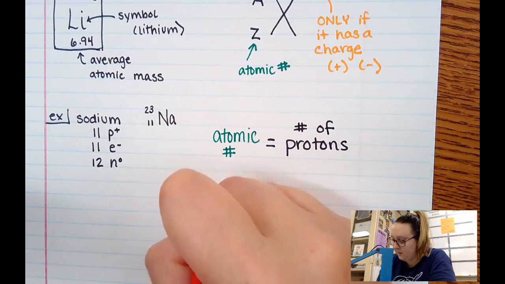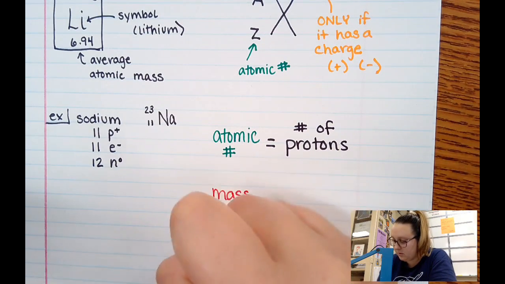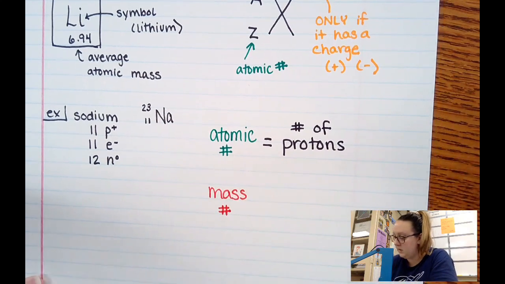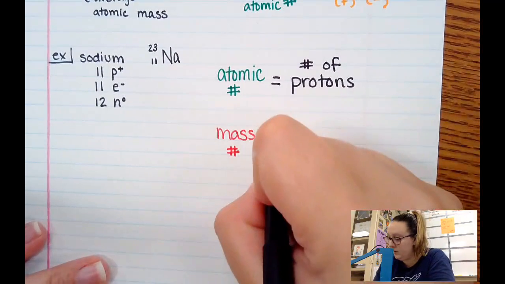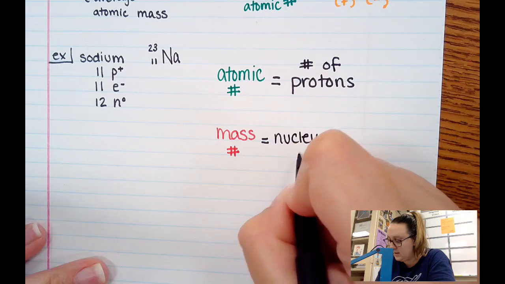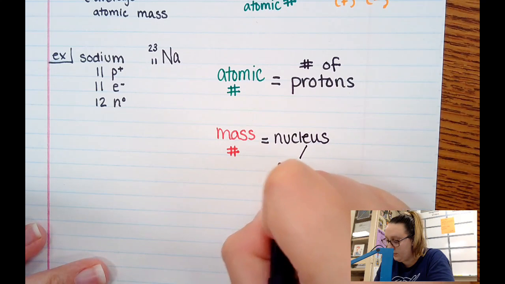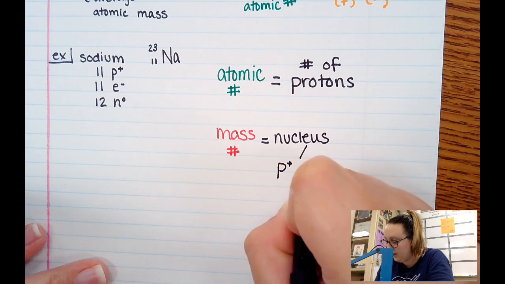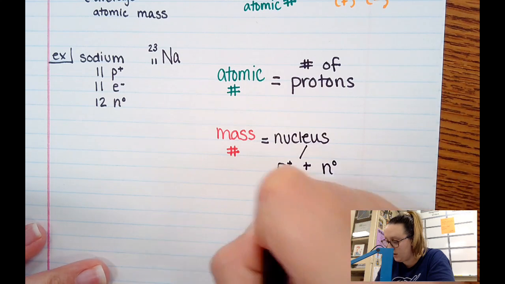The mass number equals the nucleus, which is protons plus neutrons.